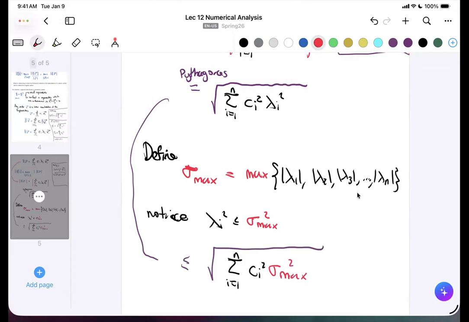But the nice thing is that now this is a constant, it doesn't depend on the index because it's the largest value possible. So you can take it out of the sum because it's the same term present in each factor, and then you can take it out of the square root. So it comes out of the square root as sigma max.